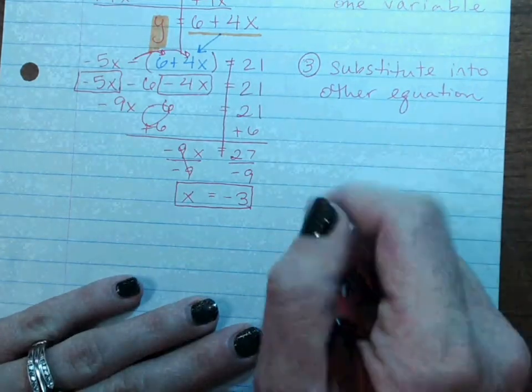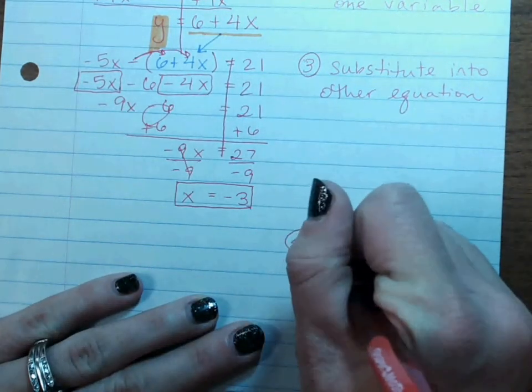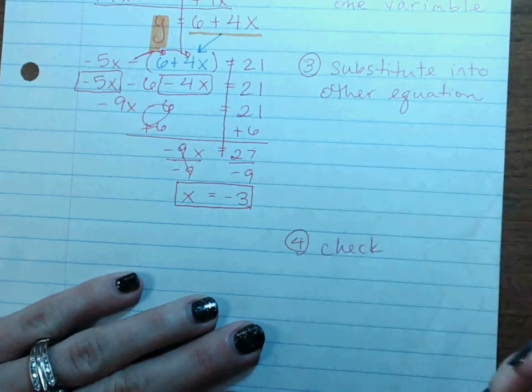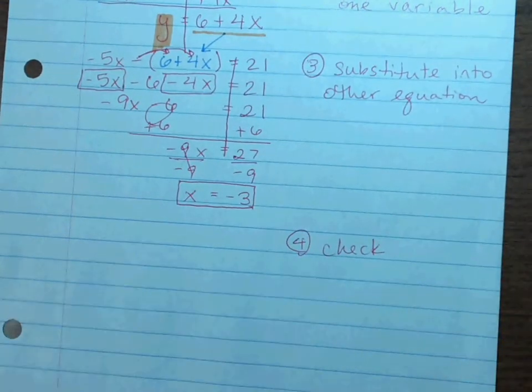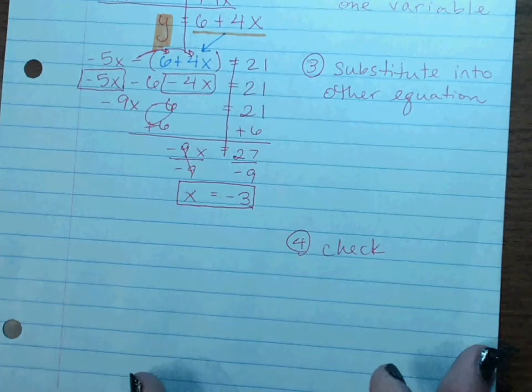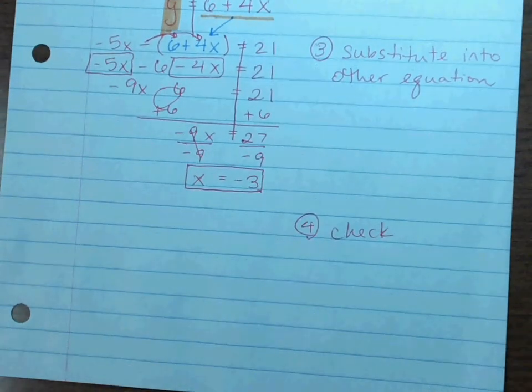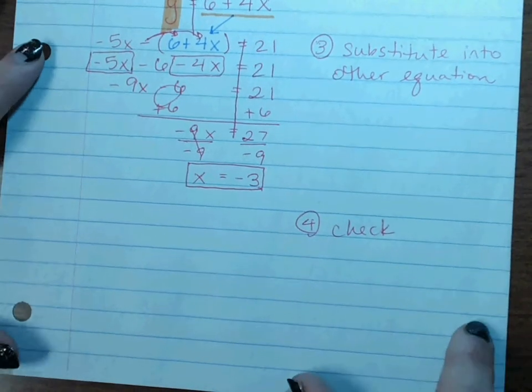So for our last step, we're going to go ahead and check, and we're going to put this negative 3 into both equations to just verify that our y values are the same, and that will confirm where our intersection is happening. So go ahead and take a minute to do that. Write down both original equations with that negative 3 in your x value, and then we'll see if all our stuff matches.